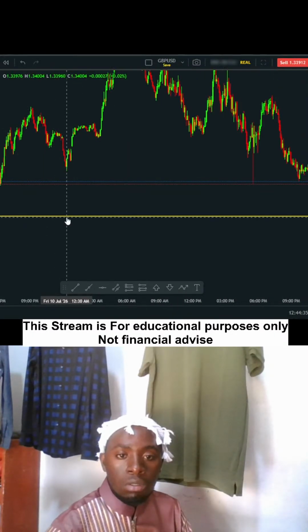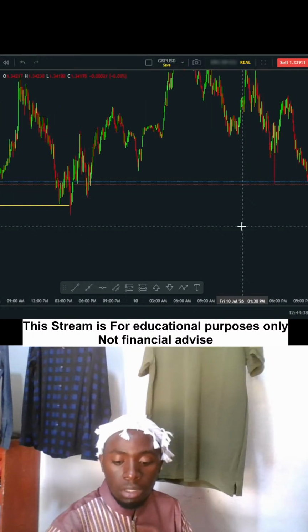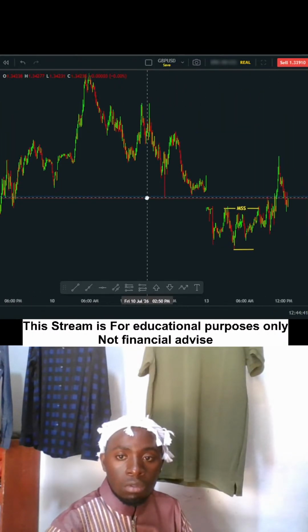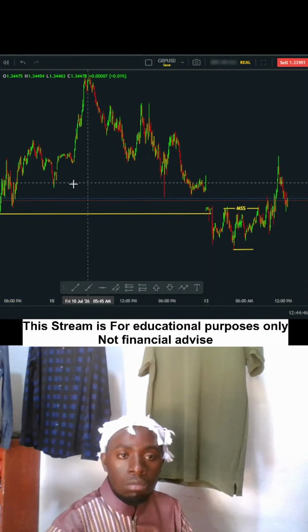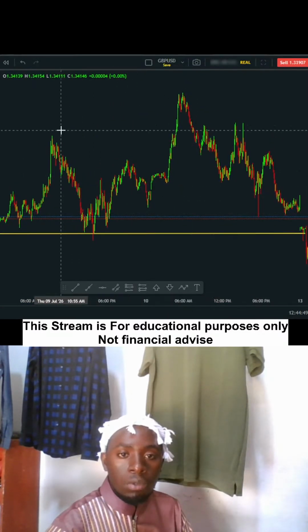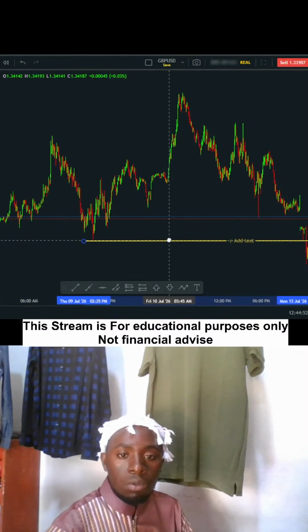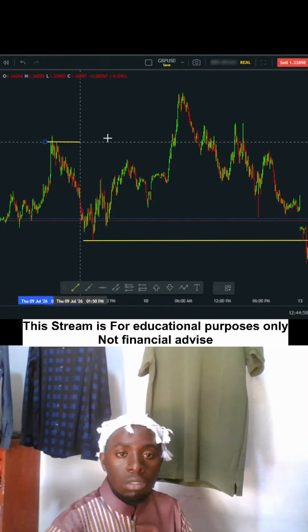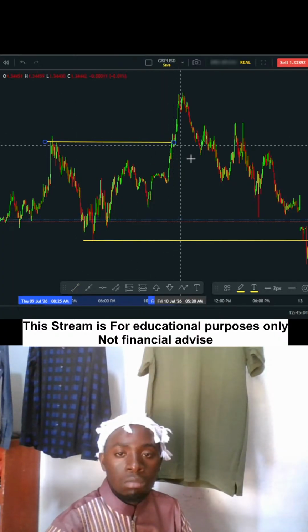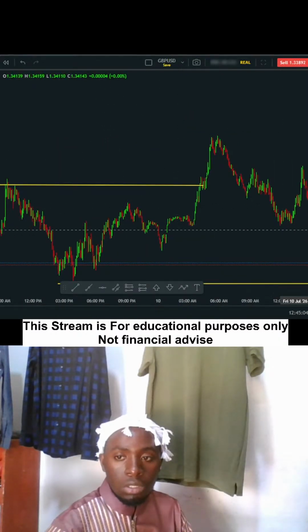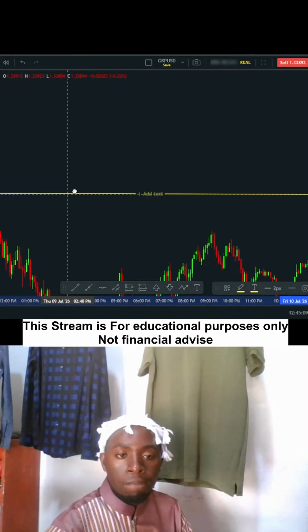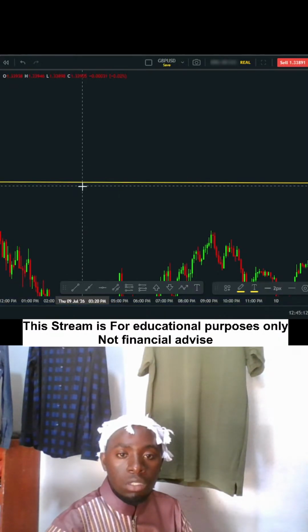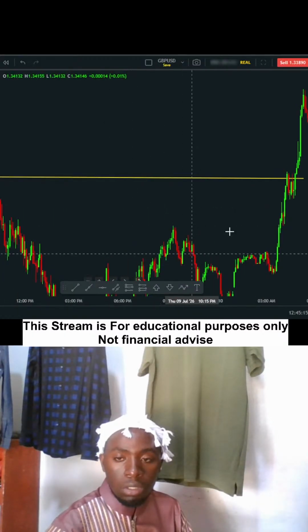Let's be careful while drawing this stuff. Anyway, I could change it and put it right here because we have this break right there, and this is the low that led to that break. This one right here. We have that high right there. That's the high which got broken.